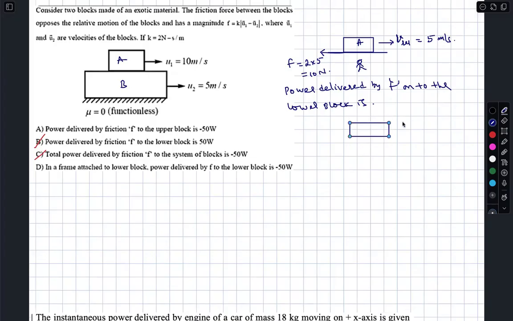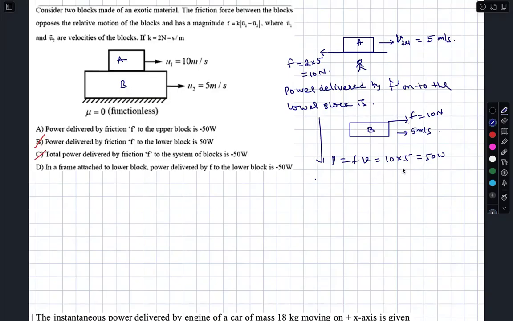On the lower block, this force is opposite. F is equal to 10 newtons. At that instant, its speed is 5 meters per second. So from this, power is force into velocity, 10 into 5, 50 watts. Don't question me why it is plus. Yes, it is doing positive work on B. Power delivered by friction on the lower block is positive.